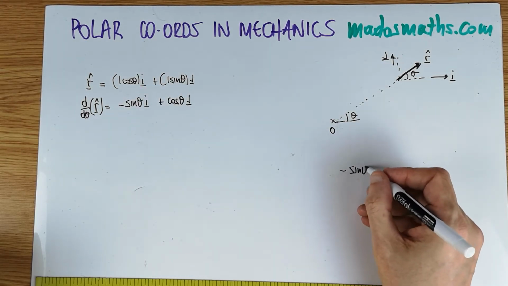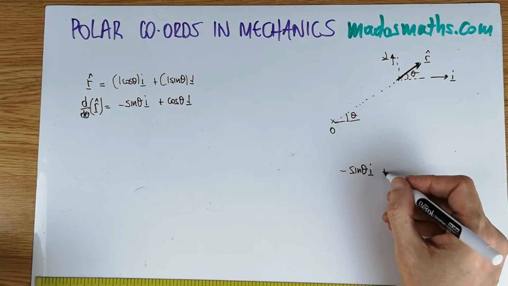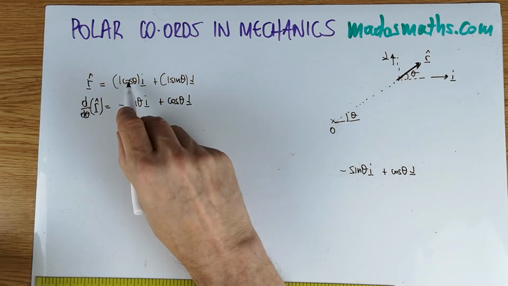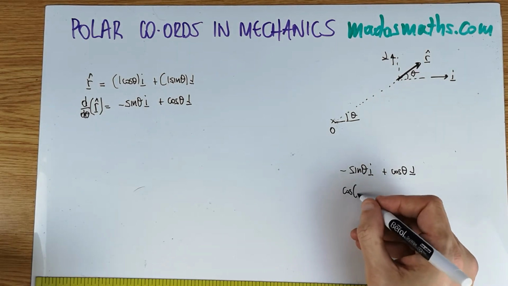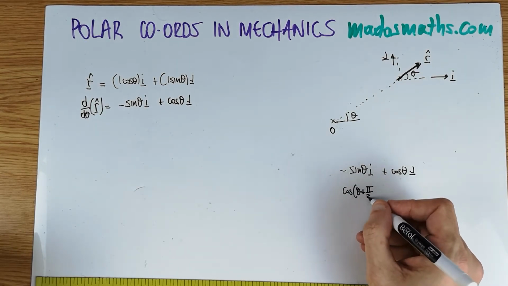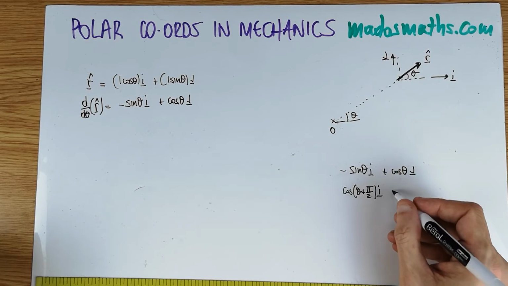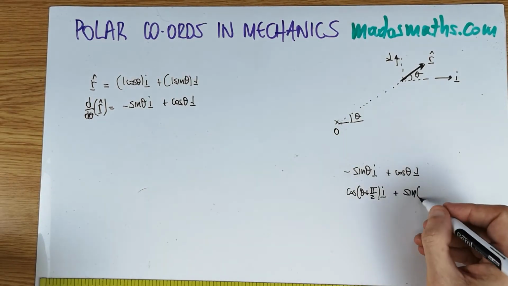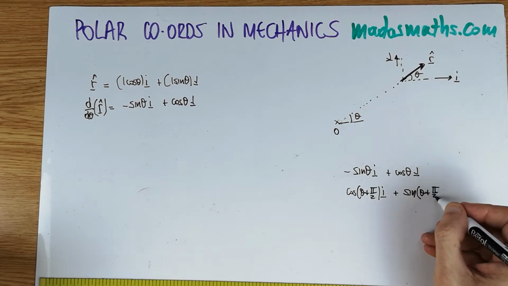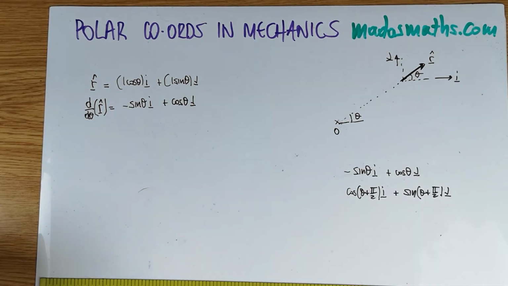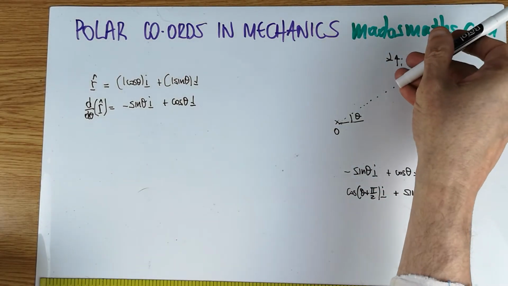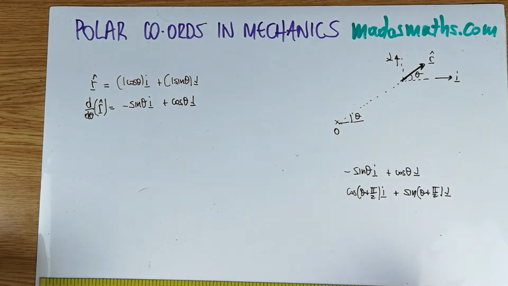Minus sine theta i plus cos theta j is the same as cos theta plus pi over 2, we'll check it of course, in the i direction, plus, looking at this bit here, sine of theta plus pi over 2 in the j direction. So in relation to the original vector that I started with, it is a rotation by 90 degrees in an anti-clockwise direction.